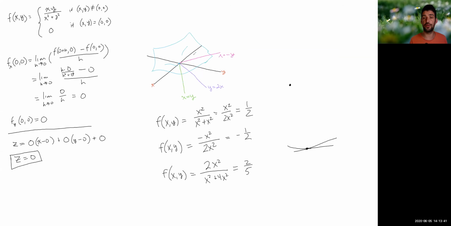But in any other direction that's not along one of these axes, I immediately jump to some other value. For instance, if I move in the direction of this green line, my function goes from 0 immediately up to 1/2. But if I move in a different direction, like y equals 2x, my function jumps to 2/5.